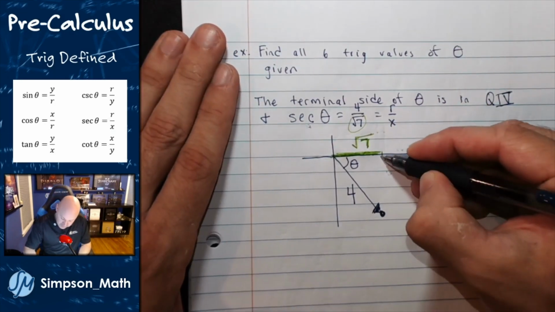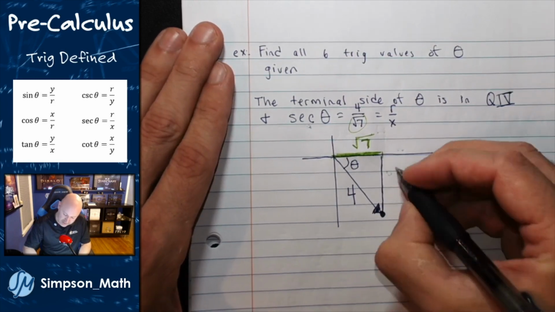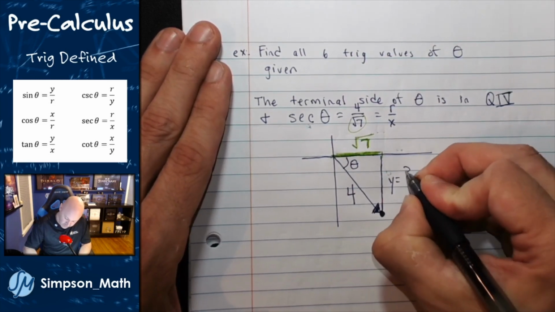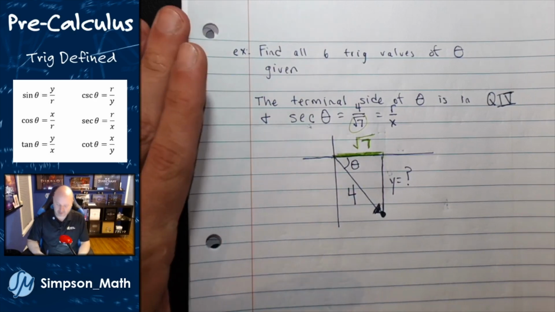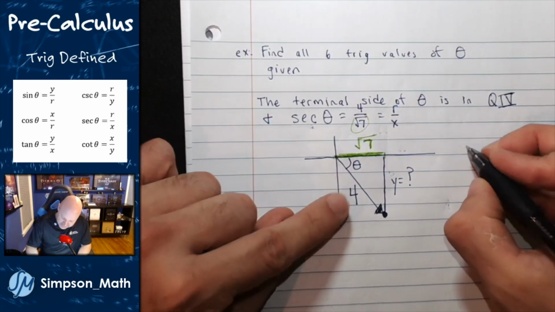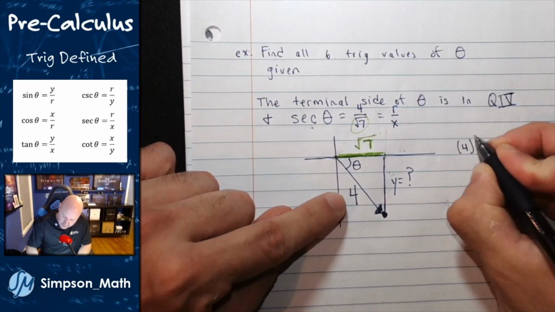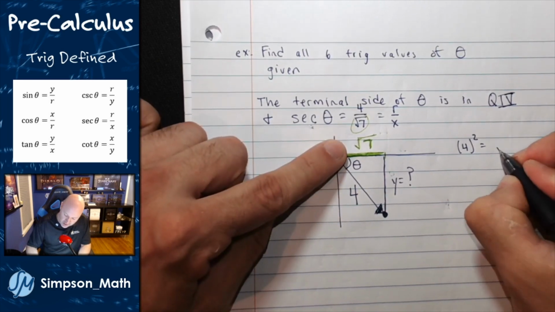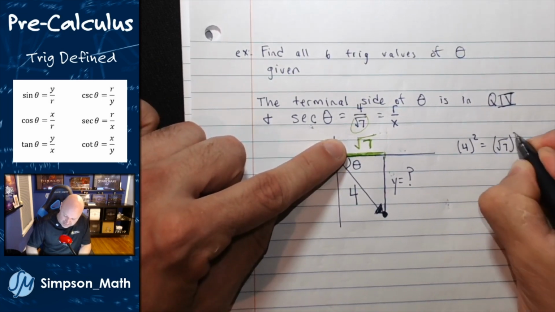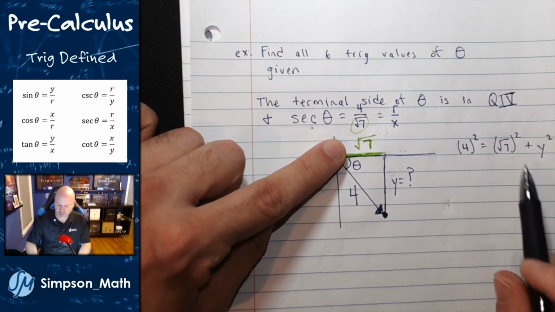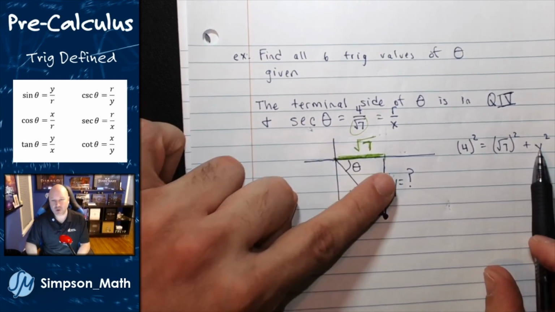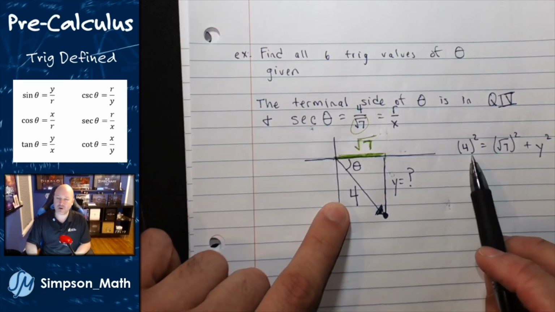But there's this triangle, there's this y value that I need to find. So how can I find the side length of a right triangle? I think the Pythagorean theorem is going to help out again. It says that the hypotenuse squared is equal to the other two side lengths squared and summed. So the root of 7 squared plus y squared will equal the hypotenuse squared.